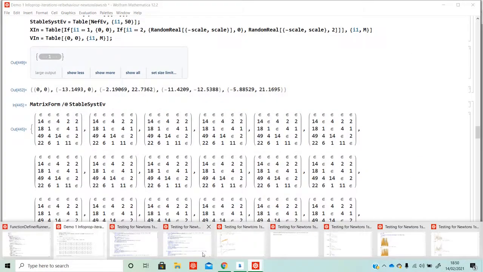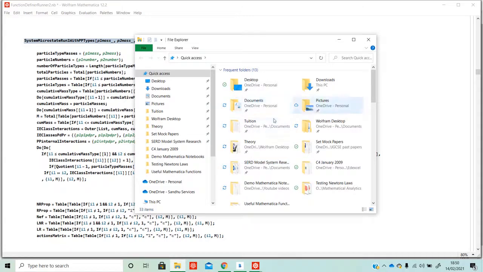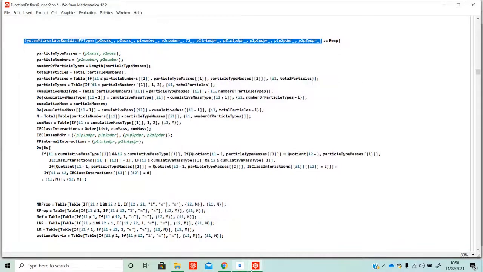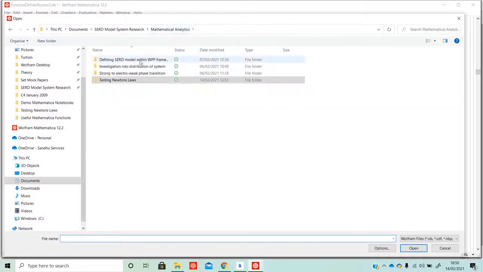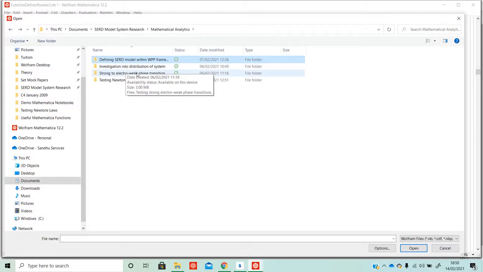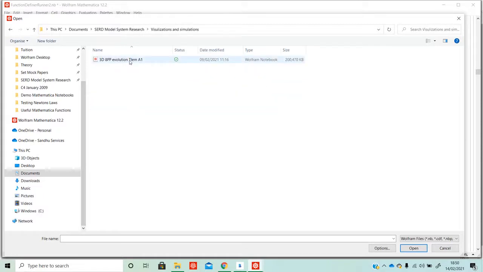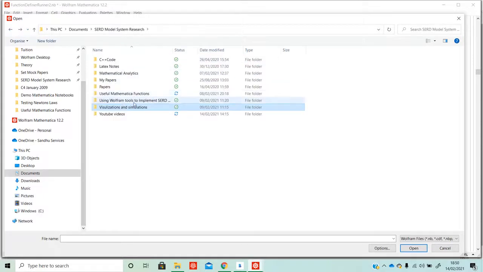I've got various different simulations. I'm also looking into forces, how forces evolve out of this, and the strong electric weak phase transition, investigating distributions, and trying to define the SERD model within the Wolfram Physics Project model. I've also got visualizations, which I've only shown you.